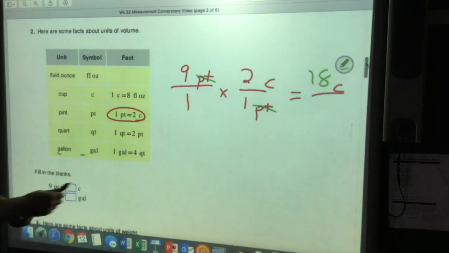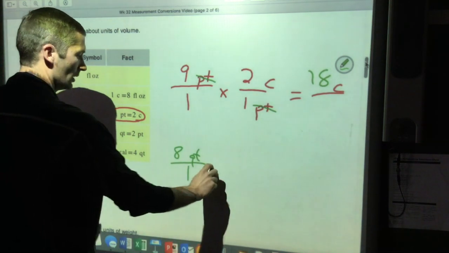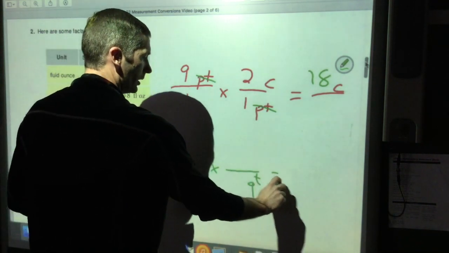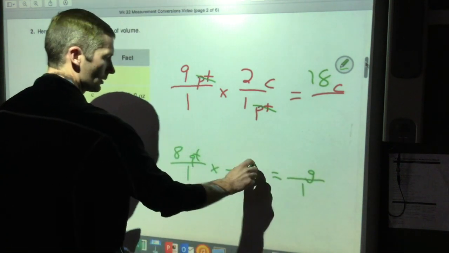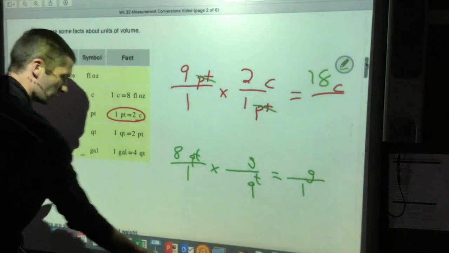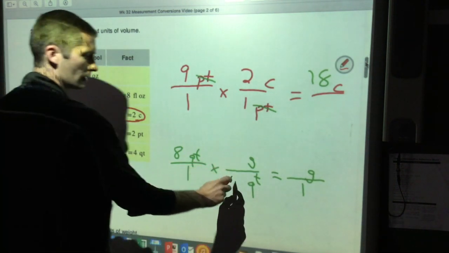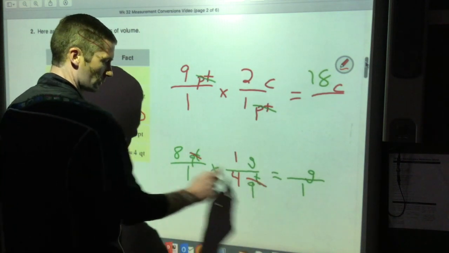Okay, 8 quarts to gallons. 8 quarts over 1 times, I want quarts in my denominator, and I want my answer to be in gallons. So I'm going to put gallons in my numerator. 4 quarts equals 1 gallon. Makes sense. 4 quarters is $1. 4 quarts, 1 gallon. Cross out quarts.